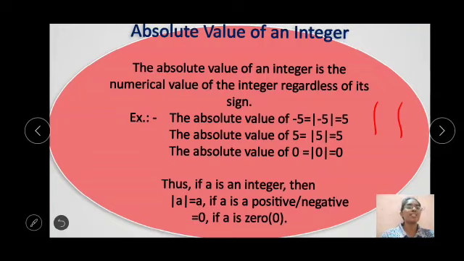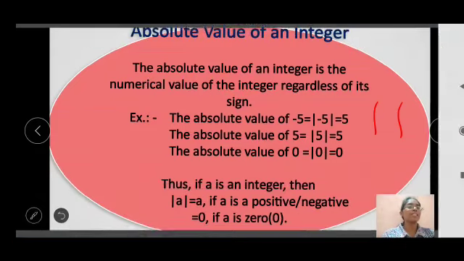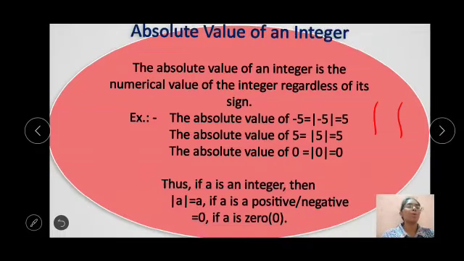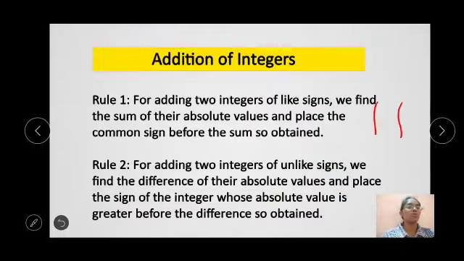Means the sign doesn't matter in absolute value. So if a is any integer, then absolute value of a is a if a is positive or negative, and is 0 if a is 0. This symbol represents the modulus or absolute value.